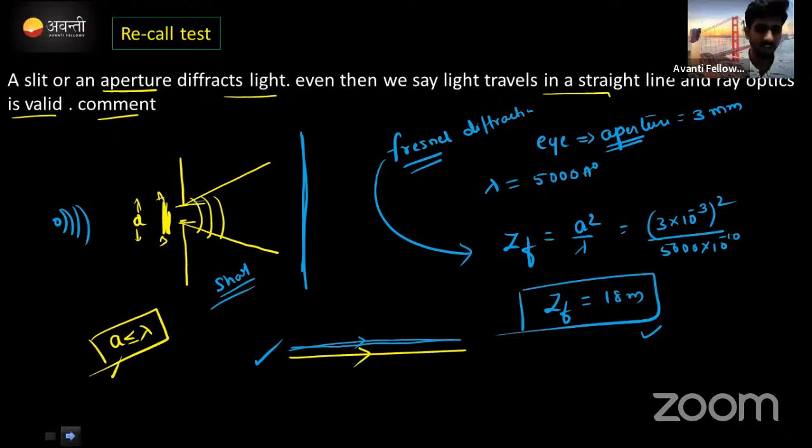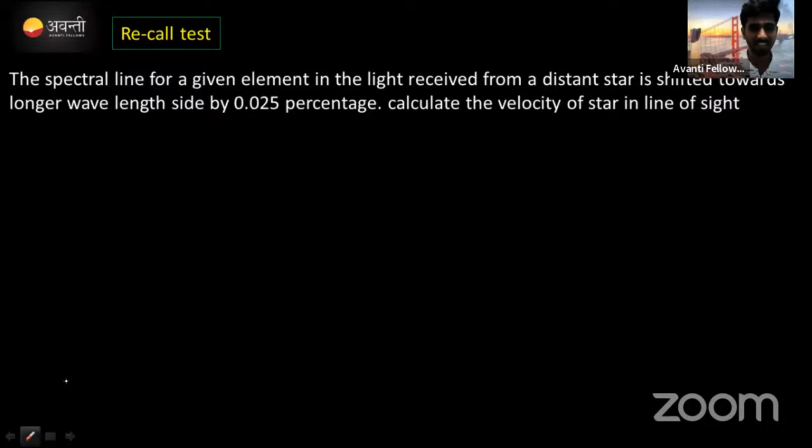Okay, let's go, I have one more question. A spectral line for a given element of light: the source of light emits a wavelength, and the light received from a distant star is shifted towards the longer wavelength side by 0.025%. Calculate the velocity of the star in the line of sight.